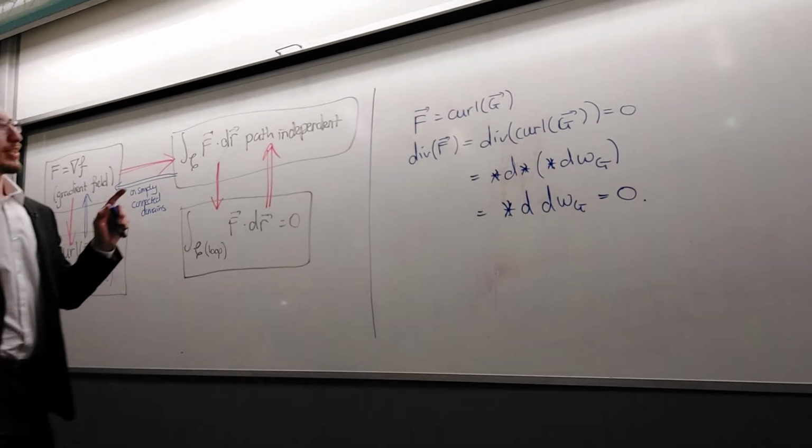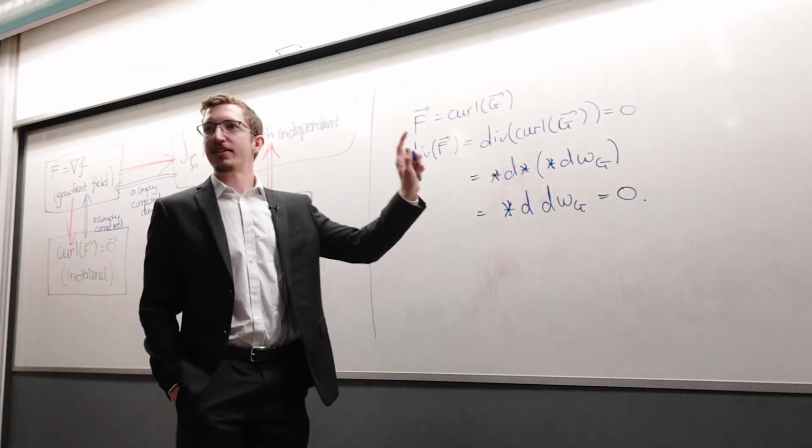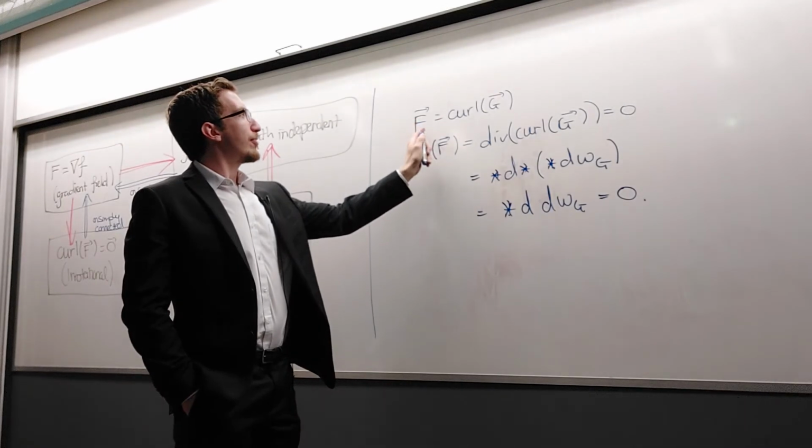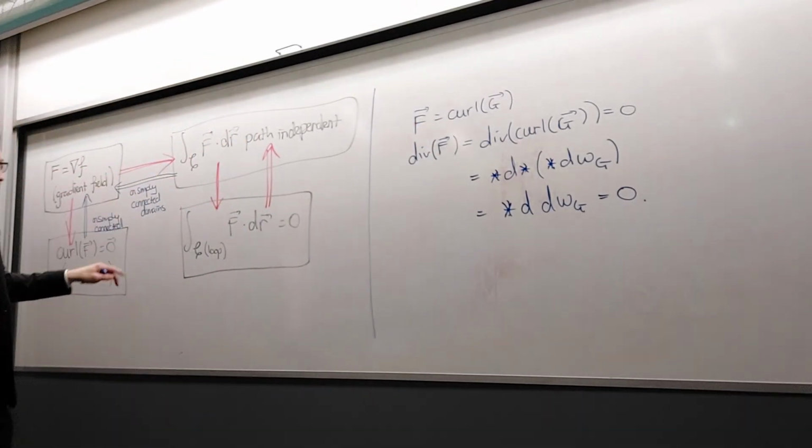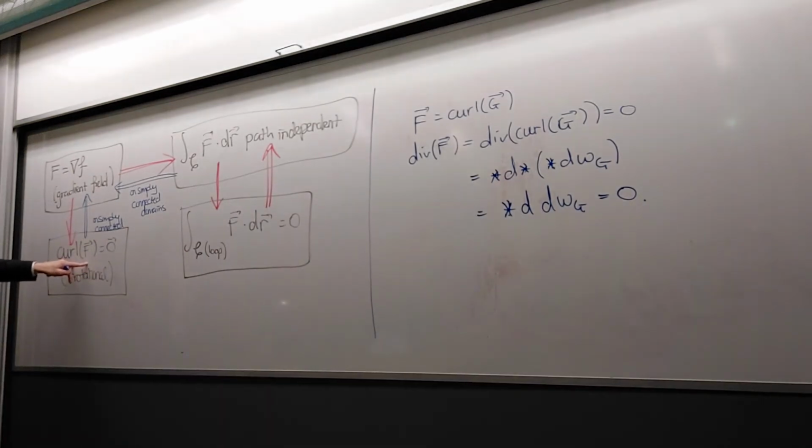So it's natural to guess that you think of this as a derivative equals 0, and then this says it's the derivative of something else, and they're equivalent on simply connected domains.